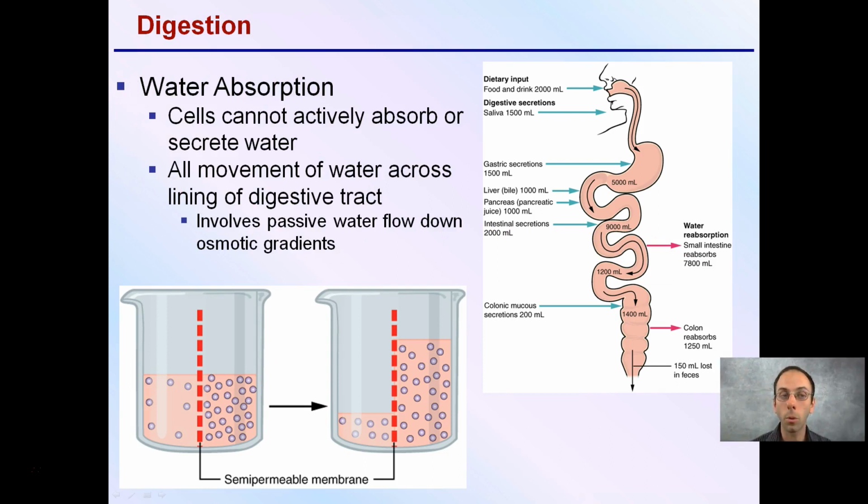Cells cannot actively absorb or secrete water. All movement of water across the lining of the digestive tract involves down or up osmotic gradients. And remember, osmosis is simply that movement of water. That is why the body is so important at regulating different ion concentrations to determine whether water will move into or away from certain areas. And we can see here some of the secretions that are occurring and the estimated volume of that water.